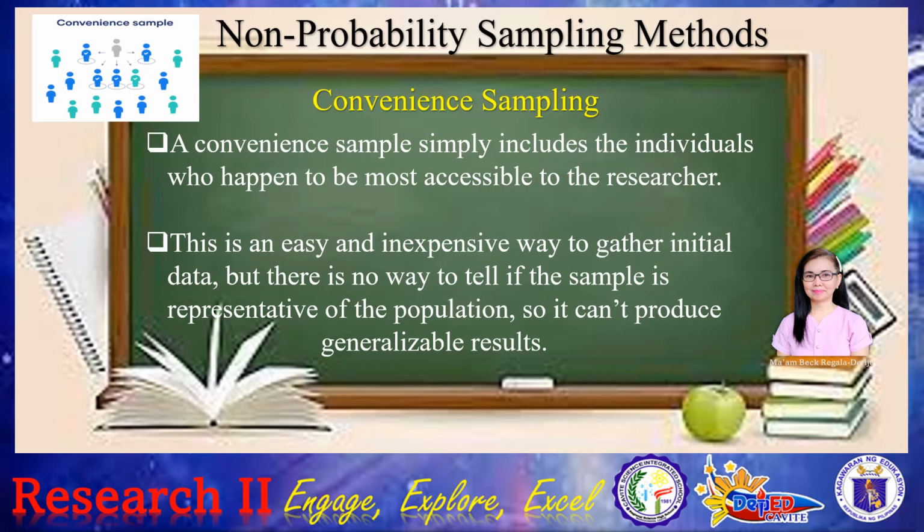So dito, hindi tayo makakaproduce ng general results. Kasi nga hindi porket sila yung kinausap natin na individuals, ay sila rin yung magiging representative ng population. So kaya lang, madali siyang gawin, convenience, kasi nga, madali kang kumausap ng mga individuals that will be part of your sample.